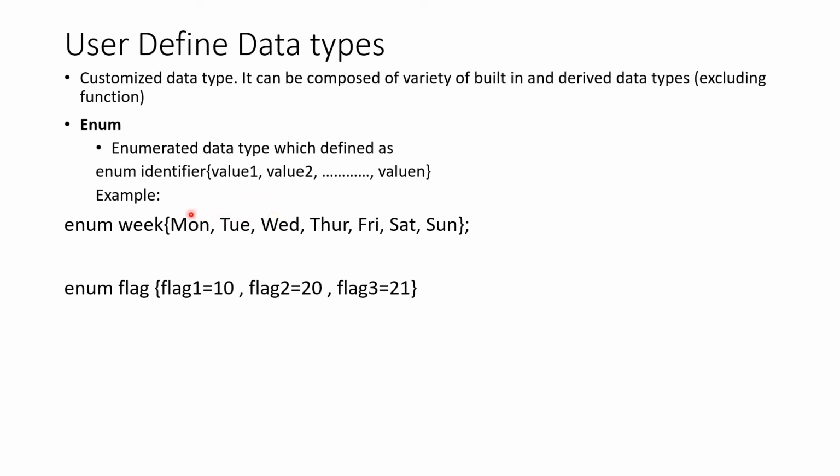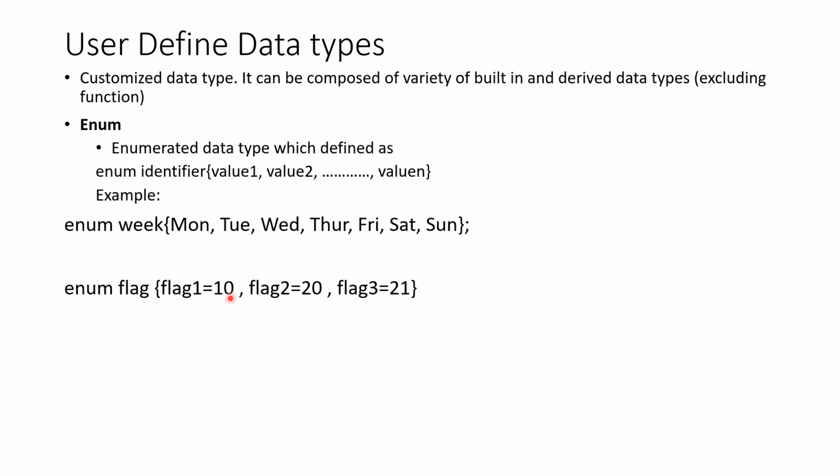Suppose you want to assign some other value, then this is the example. Enum is a keyword used to create this enumerated data type. Enum flag, this is the identifier, and within the curly brackets I am writing the values separated by commas. Here I am specifying that flag is equal to 10.